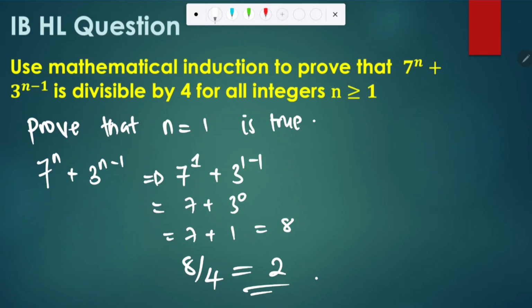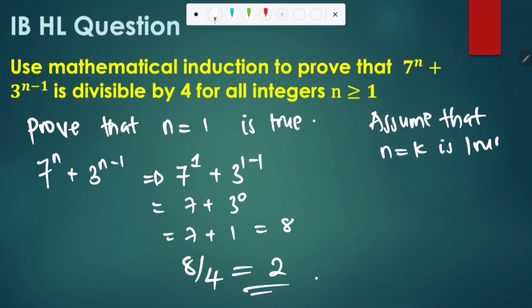Now, we are going to assume that n equal to k is true. So whenever we substitute k into this equation, it should be divisible by 4. Now, this would mean we'll have 7 to the power k plus 3 to the power k minus 1.